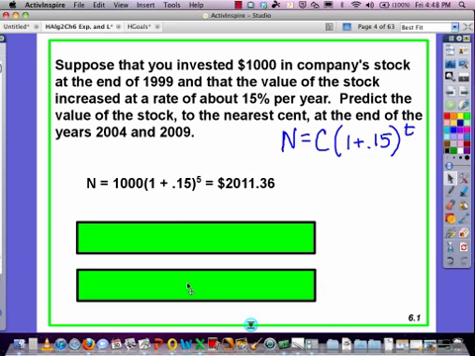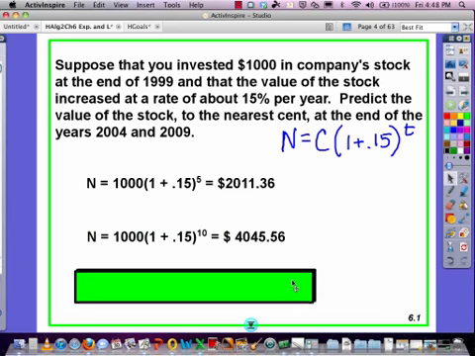You would do the same exact thing for 2009 with one exception. You would have to change your time factor. And look at that. Over 5 years, we have more than doubled our money with that 15% increase.